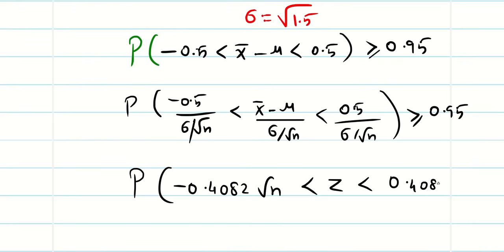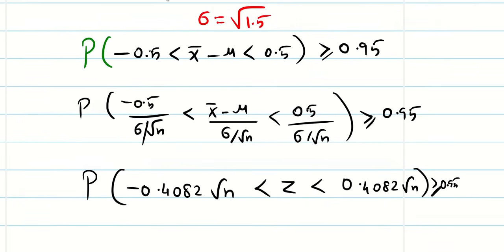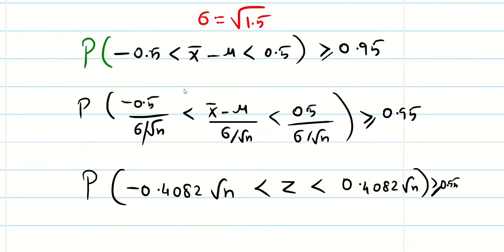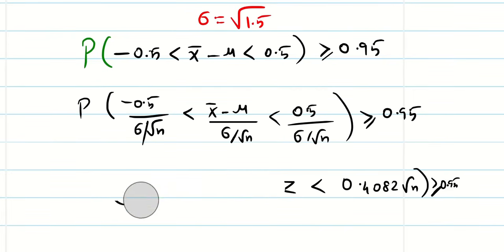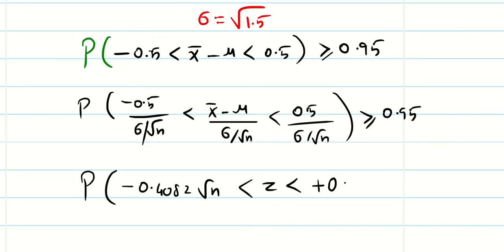Similarly, minus 0.4082 root 10 less than z less than plus 0.4082 root 10 is greater than or equal to 0.95.